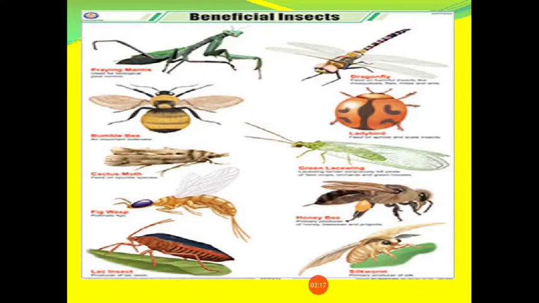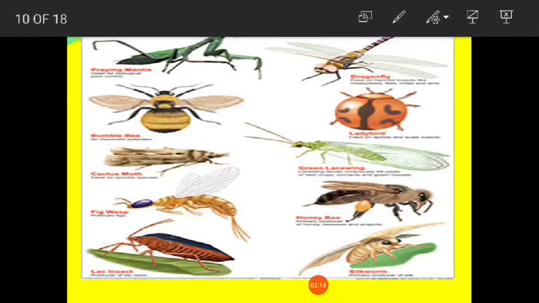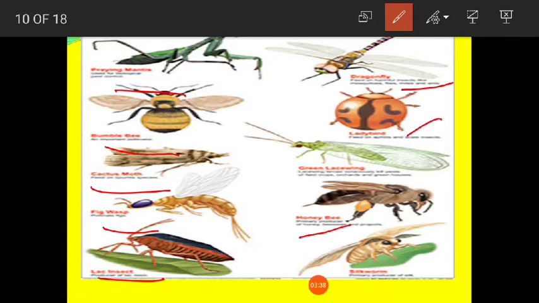Here you can see the pictures of some of the useful insects like praying mantis, bumblebee. This is a moth. This is a wasp. This is a lac insect. This is a dragonfly, ladybird, honeybee, silk moth. All these are different useful kinds of insects.